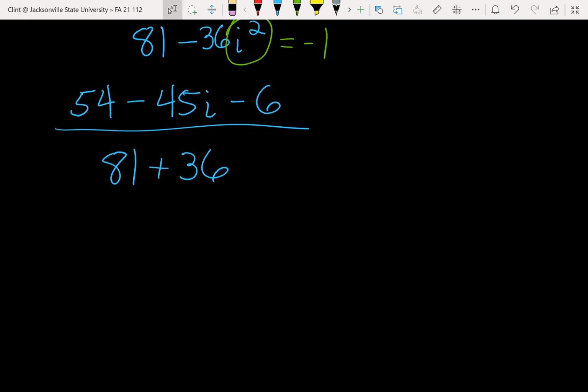So then we've got 54 minus 6 is 48 minus 45i over, goodness, on the bottom, 81 plus 36, get 117.